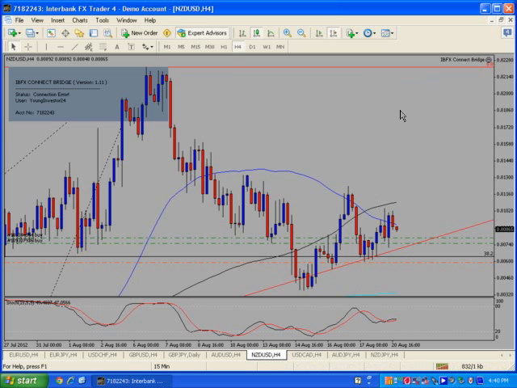Nonetheless, I'm looking for 3-to-1 risk to reward. On my first entry, that would be about 110 pips. And on my second entry, it's going to be 60 pips.